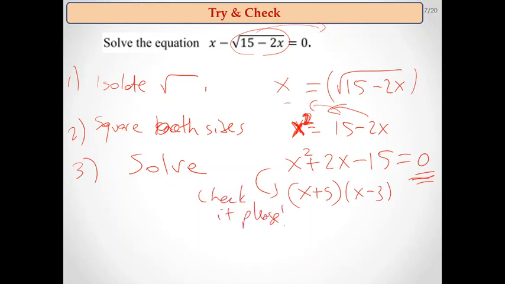Okay, I will not tell you how to do the factoring anymore. Just check it please. Stop the video and try to see how we get it. Then we have two possibilities. One of them is x plus 5 equal to 0, which gives us x equal to negative 5, and the other is x minus 3 equal to 0, so we have x equal to 3.